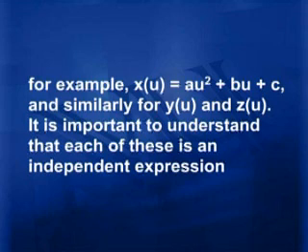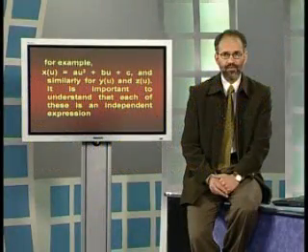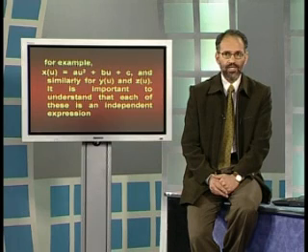Simply, if we are going to make use of u as the independent variable, y of u could be defined as du squared plus eu plus f, and similarly we could define z of u as, say, gu squared plus hu plus i.